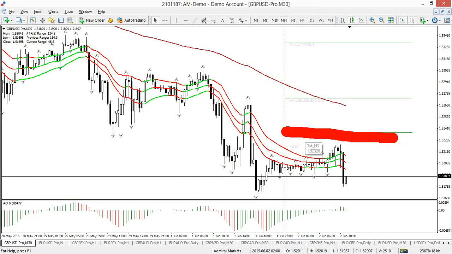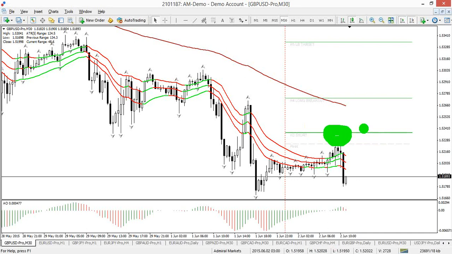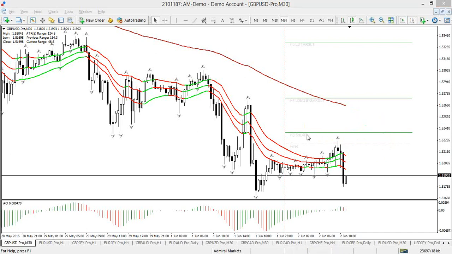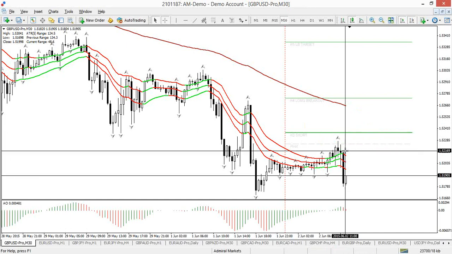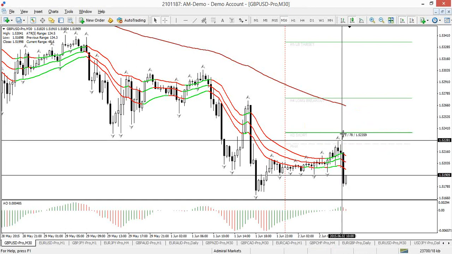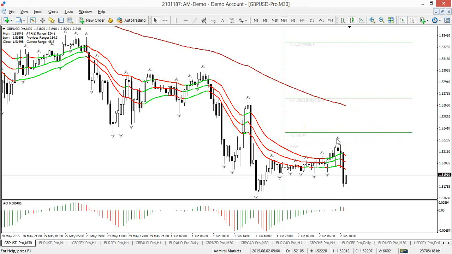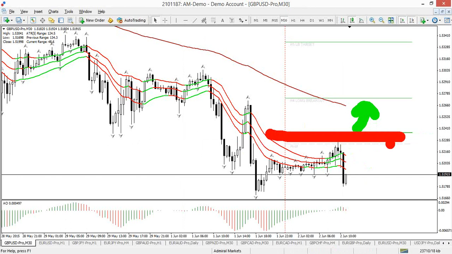The H3 is actually a resistance spot, so a long should only be taken if it breaks above it. Personally, I'd rather have a fractal hitting the H3 and then breaking above that fractal. In this case, this fractal, for instance, although it's not right at it, missed it by a few pips, as you can see. Preferably the fractal is right at or within a few pips of the H3 and then a break above it. In this case, until that happens, this is still more of a resistance level.